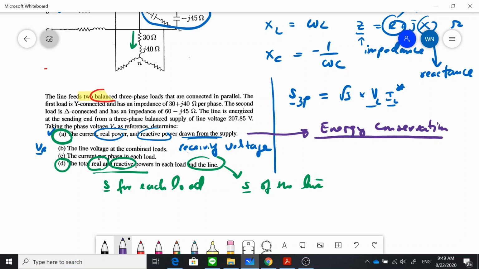So due to the energy conservation, the S at the supply side must be equal to the sum of the S at the loads. In this case, this is S1, the complex power consumed by load 1, and this is S2, the complex power consumed by load 2.